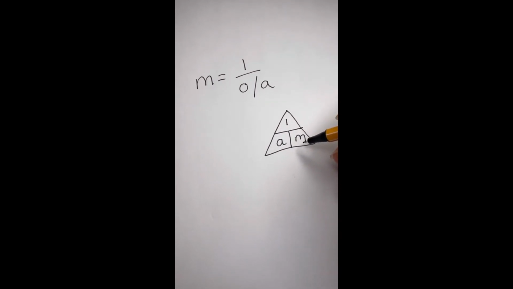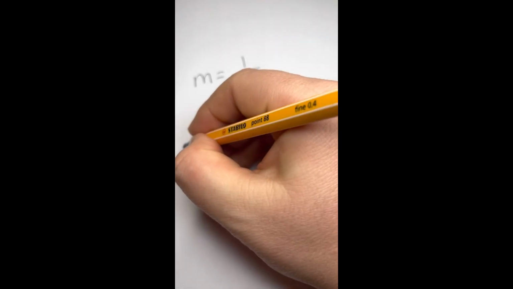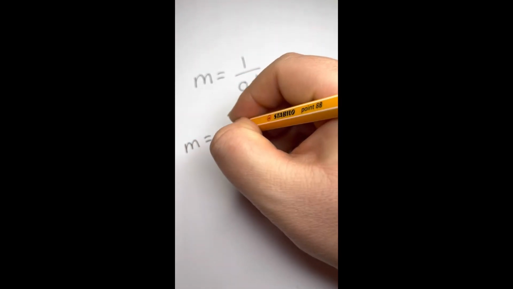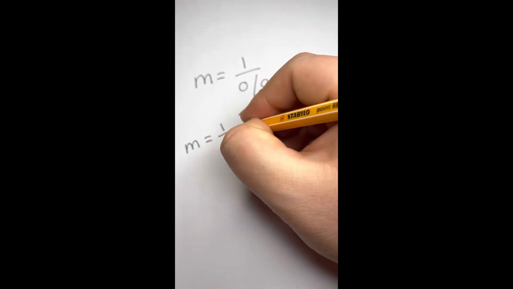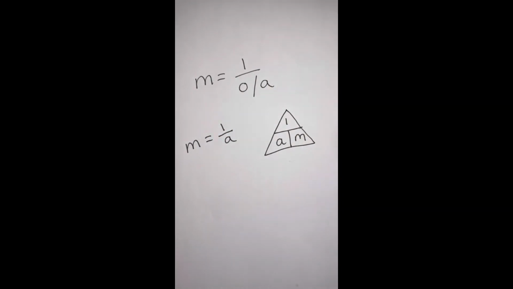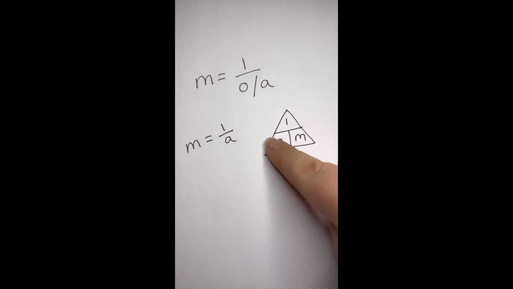Whatever it is you want to calculate, you need to just cover up with your finger. So if you want to work out magnification, you cover it up, and then it's image divided by actual. So magnification equals image divided by actual. Right, if you want to work out actual, cover it up.